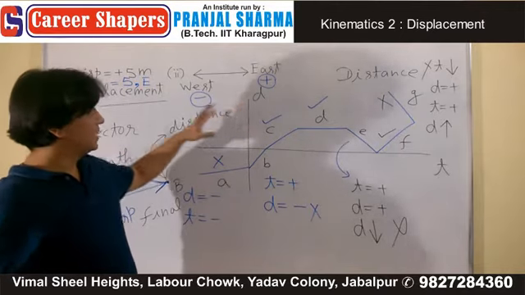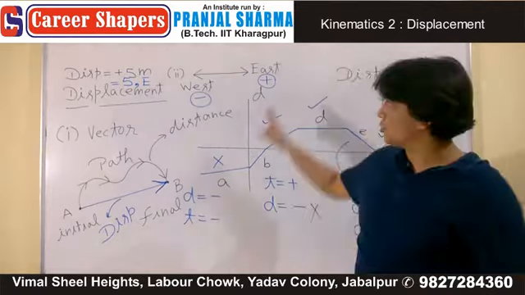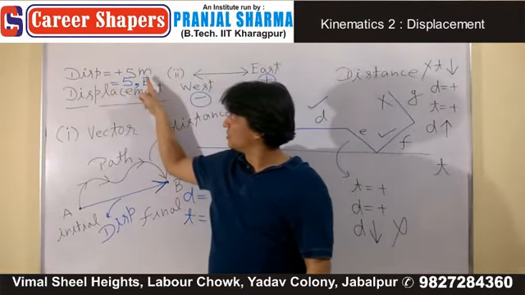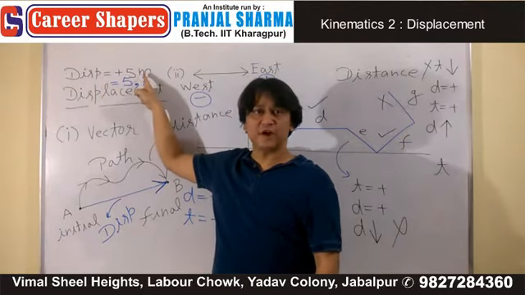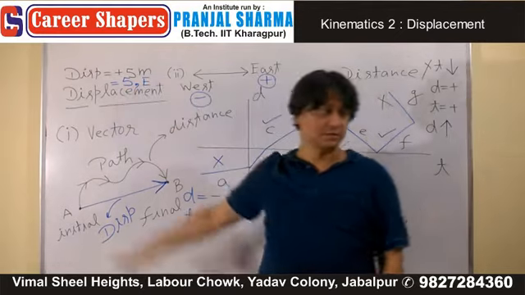Now note down this figure, and also write down this: displacement of plus 5 means 5 meters east.